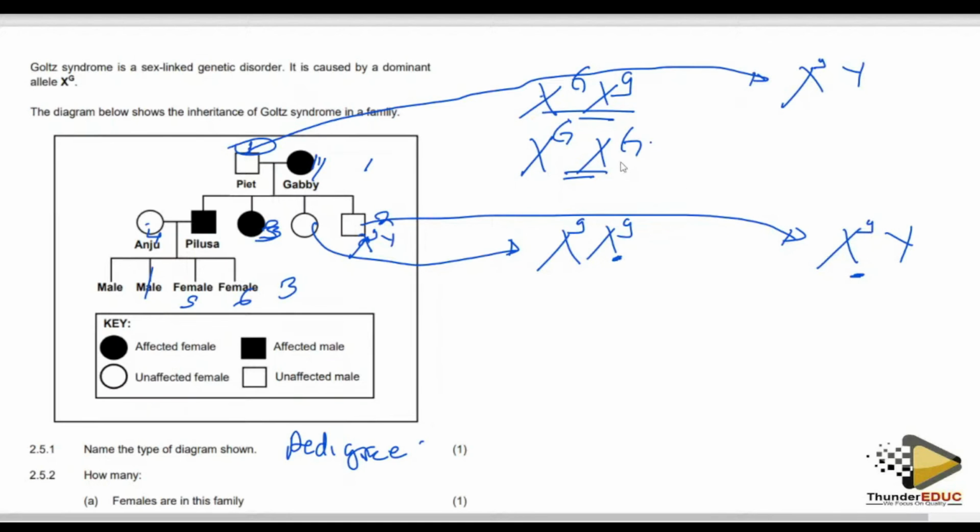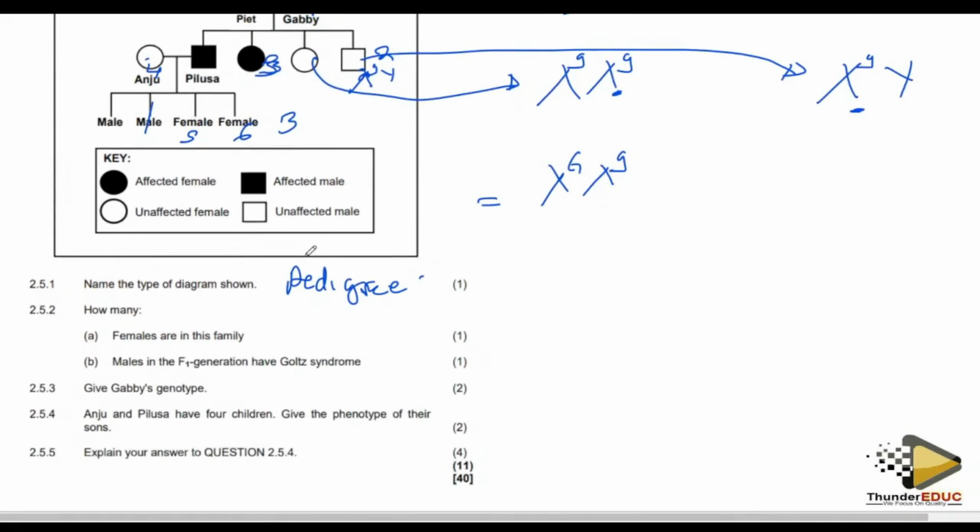Therefore, the mother can't be capital G, capital G, so the mother is the other one. So the answer for Gabby is X capital G, X small g, which shows that the individual is affected because of the capital G, but has a recessive allele which is transferred to the offspring, so that the offspring are free from the condition.